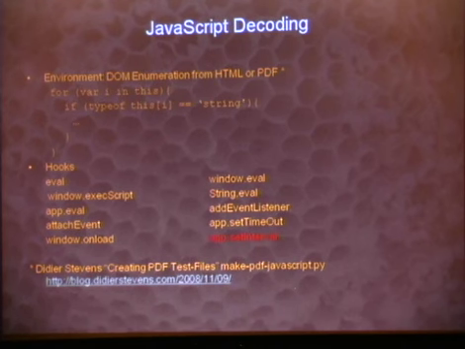There have been a lot of new hooked functions necessary to decode these things, and several of them are time-based. So setInterval is one that I'll have an example with later.